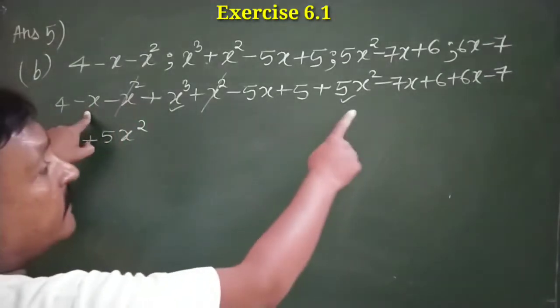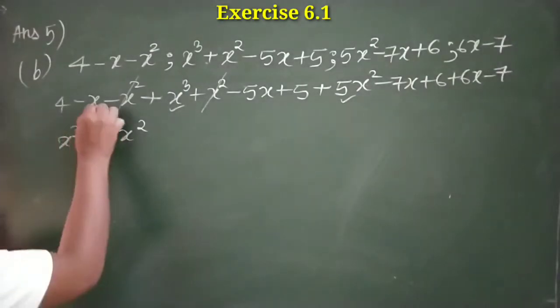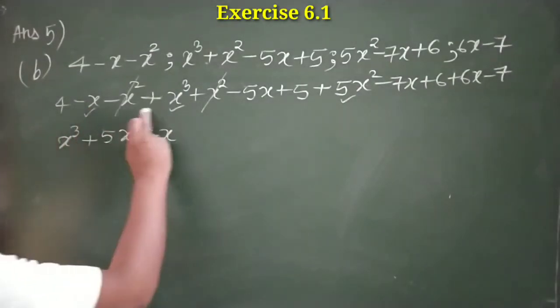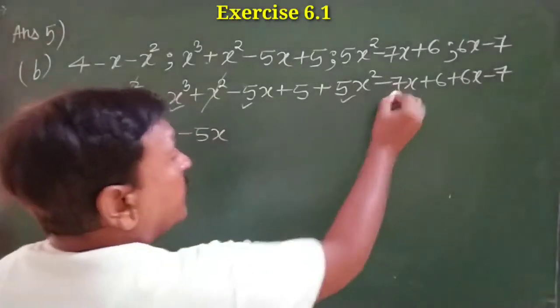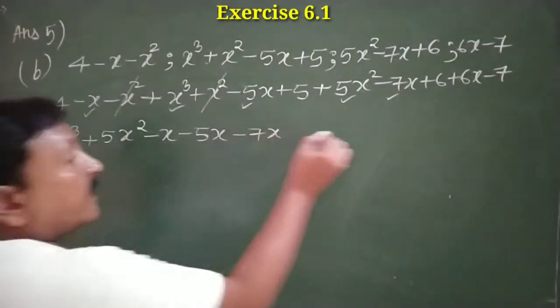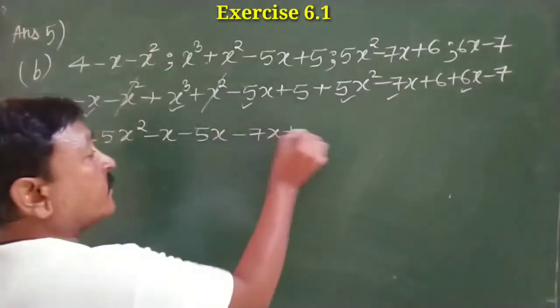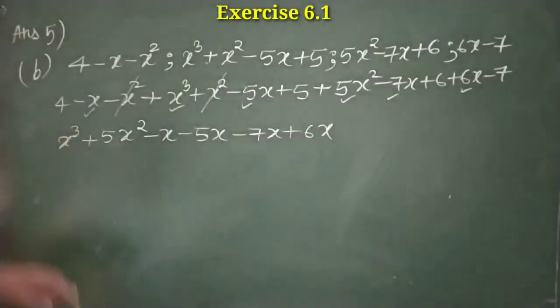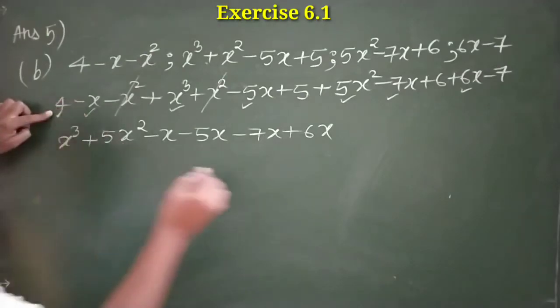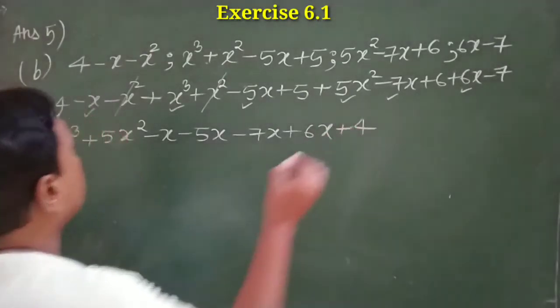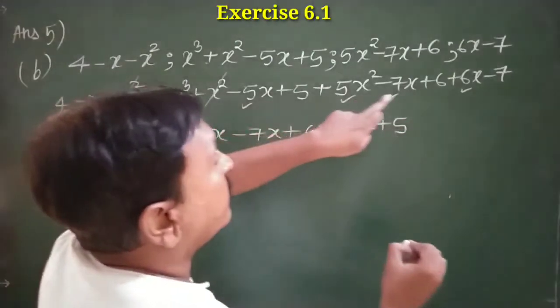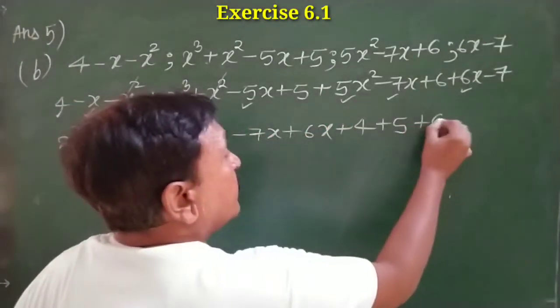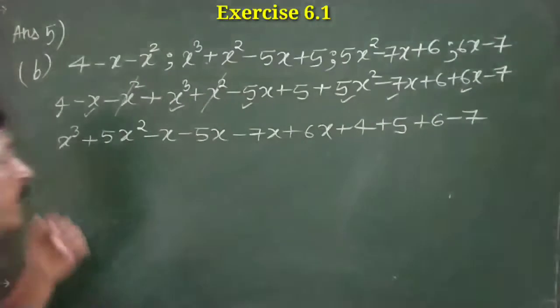Anywhere plus x? No. So just write it: minus x minus 5x minus 7x plus 6x, okay? Now take the numbers: 4, plus 5, plus 6, minus 7, okay?